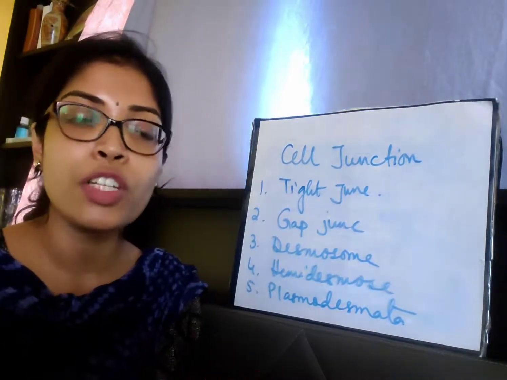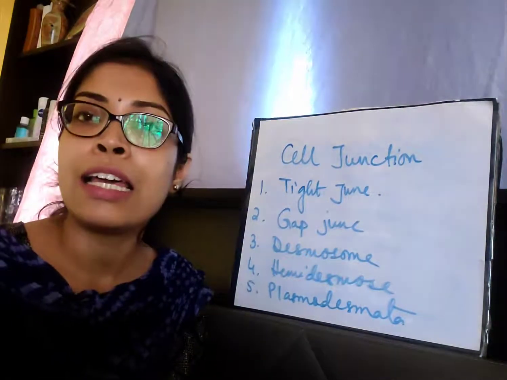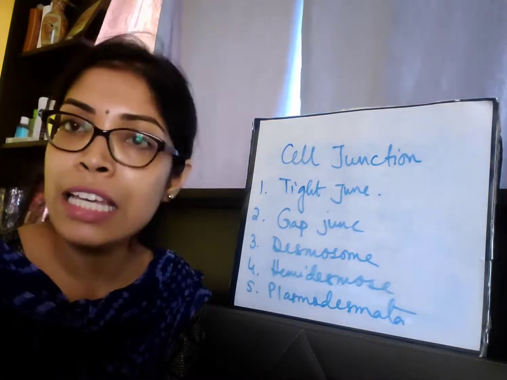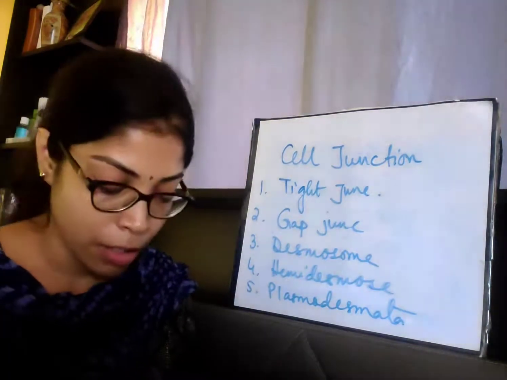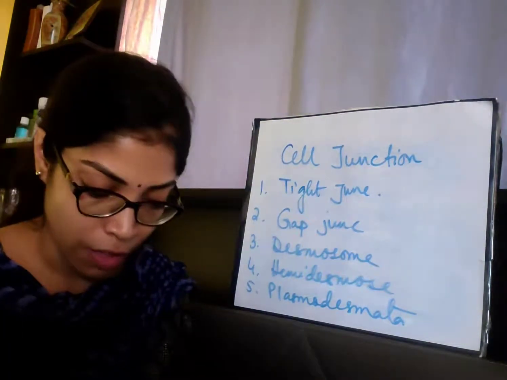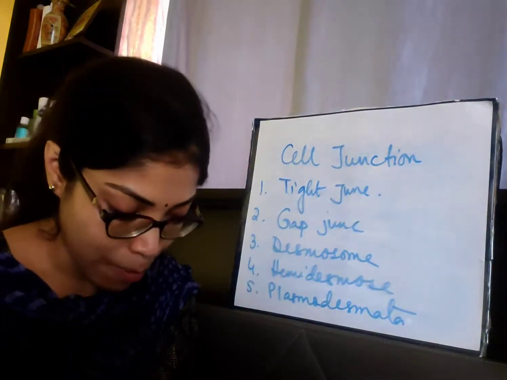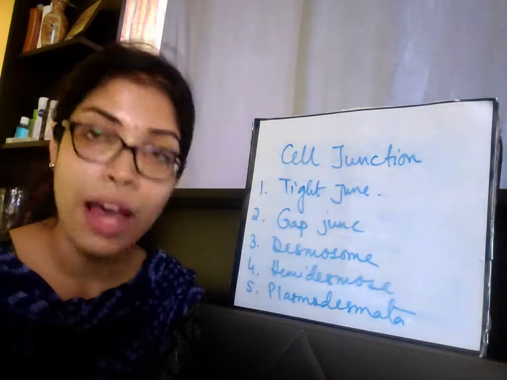So semi-rigid means a little bit flexible. Permeable, unlike cell membrane, cell wall is permeable. That means anything can pass through cell wall. Laminated, non-living, remember this, that cell wall is non-living. Outermost coat or covering present on the cell membrane of the plant cell, and also in bacteria. Bacteria also have cell wall.